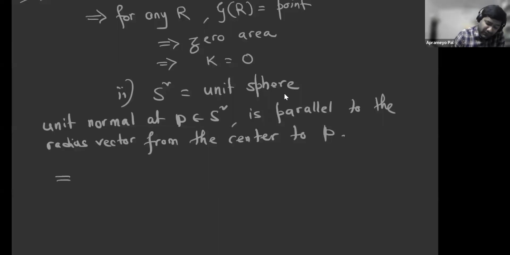But that means, if it is the case for every point, that your Gauss map is essentially the identity with a sign.